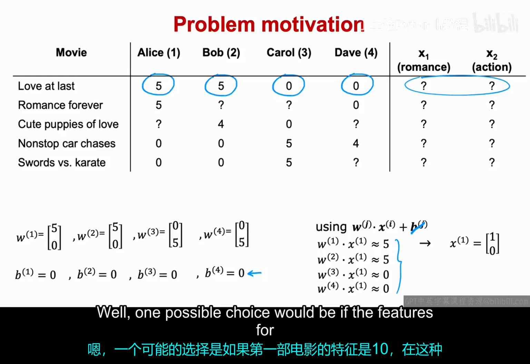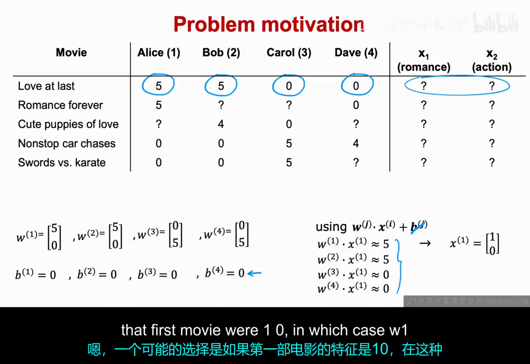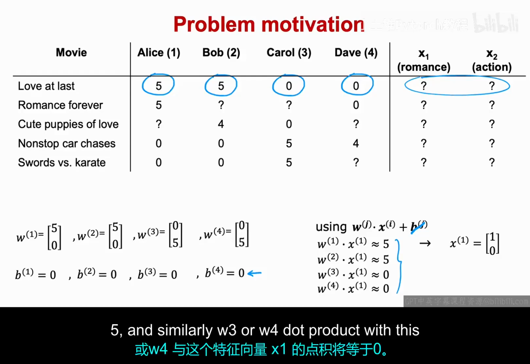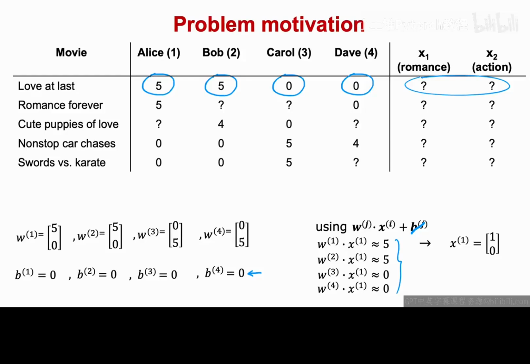Well, one possible choice would be if the features for that first movie were [1, 0], in which case W1 dot X1 would equal 5, W2 dot X1 would equal 5, and similarly W3 or W4 dot product with this feature vector X1 would be equal to 0.